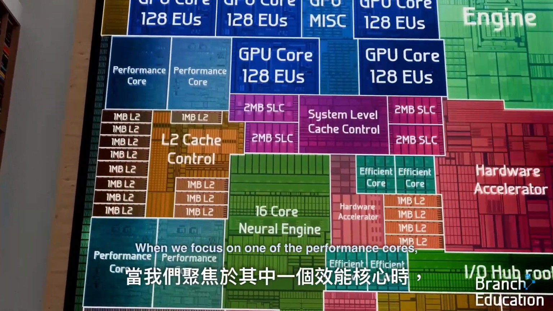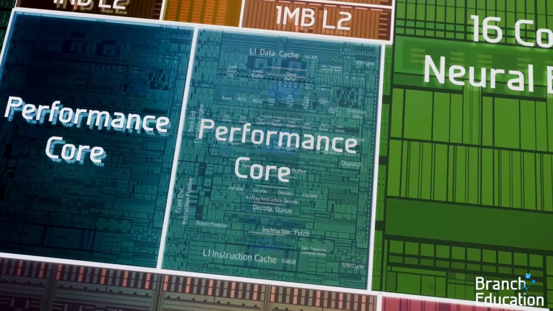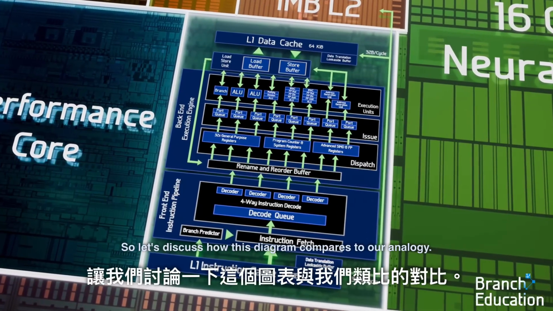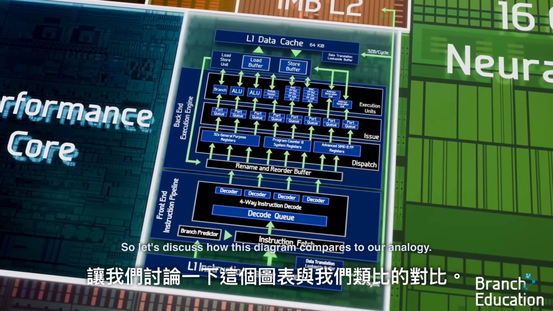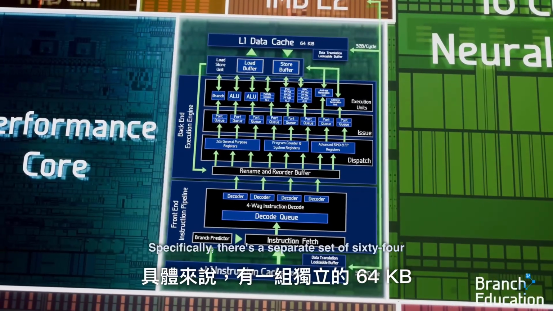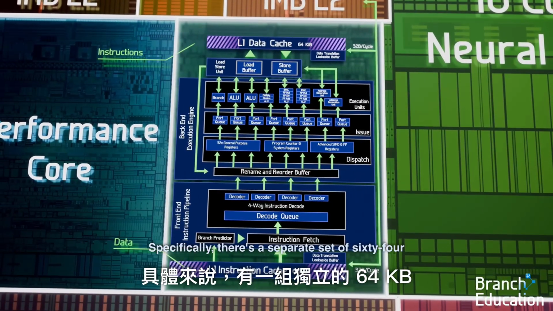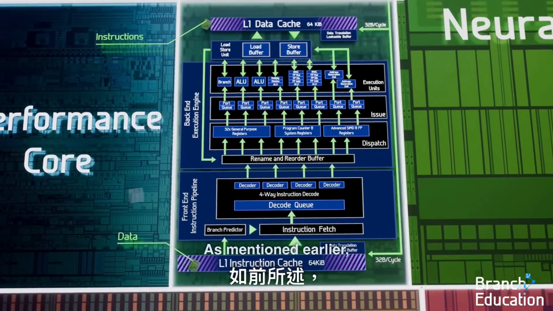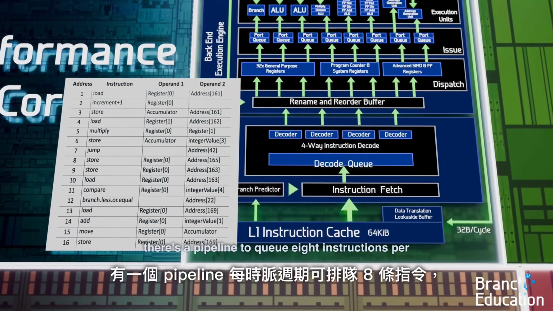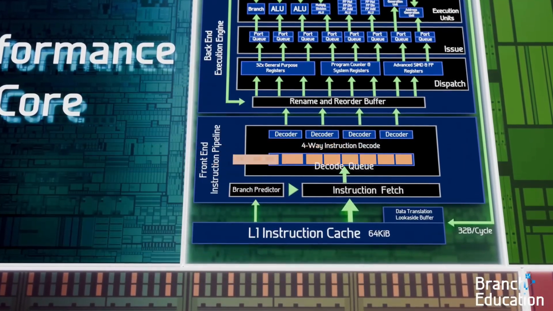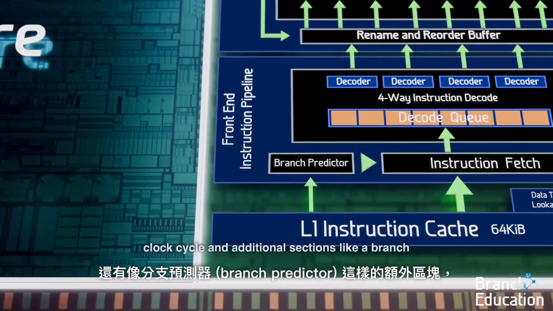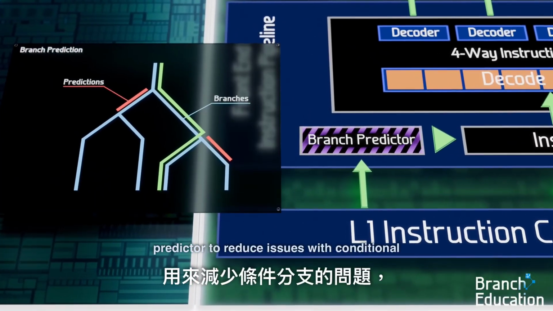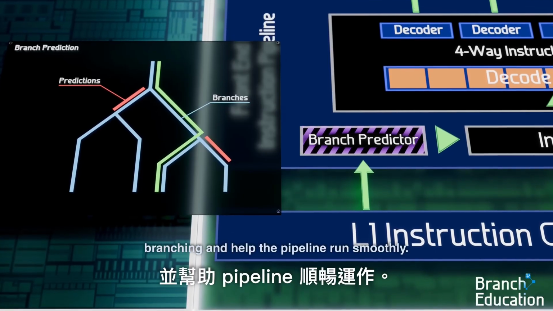When we focus on one of the performance cores, we see the complex diagram from earlier. So let's discuss how this diagram compares to our analogy. Specifically, there's a separate set of 64 kilobyte data and instruction caches. As mentioned earlier, there's a pipeline to queue 8 instructions per clock cycle, and additional sections like a branch predictor to reduce issues with conditional branching and help the pipeline run smoothly.